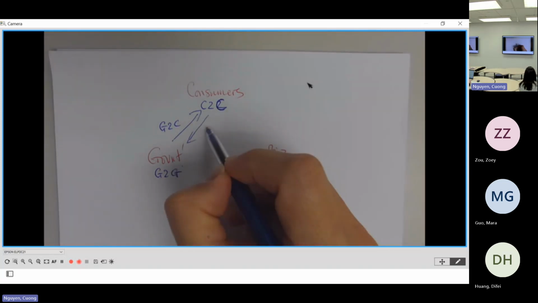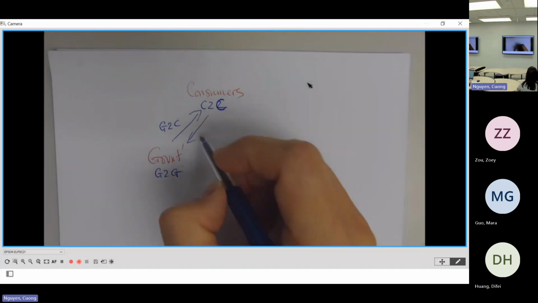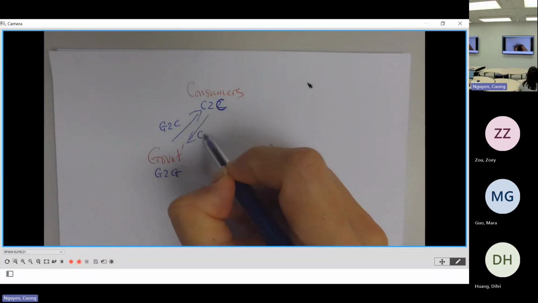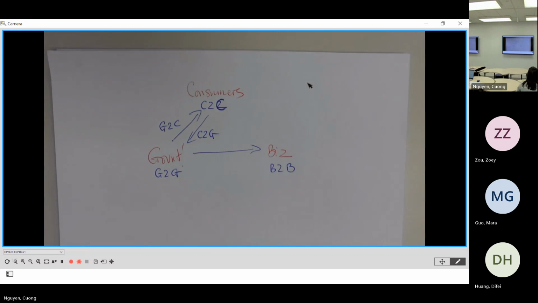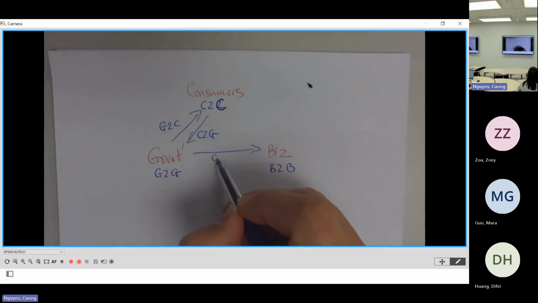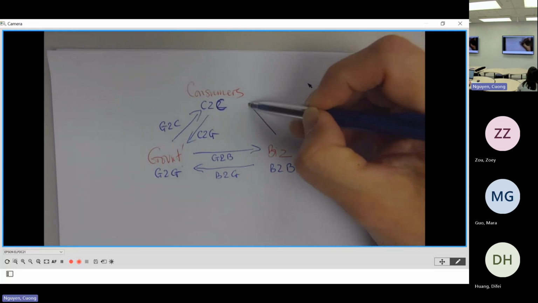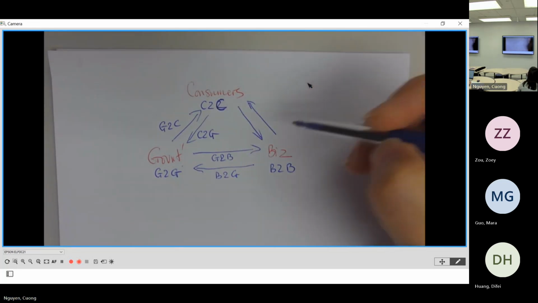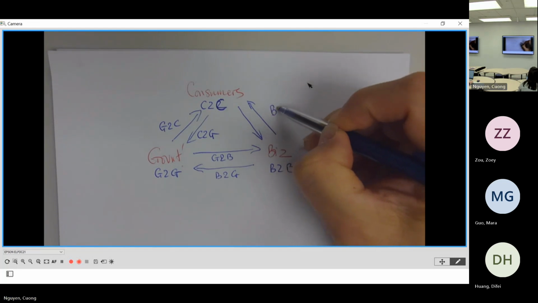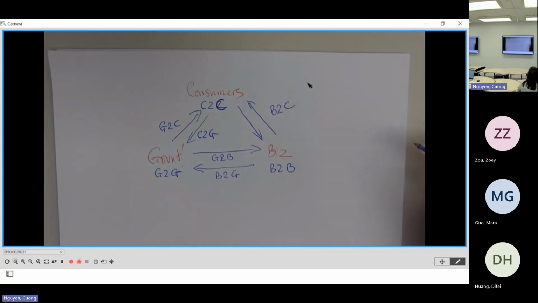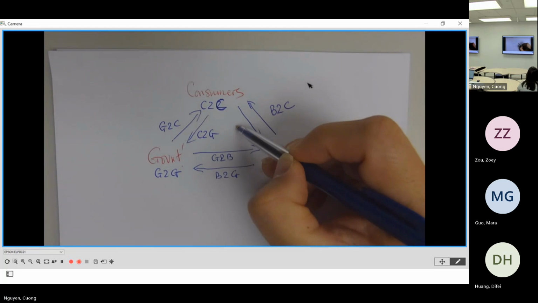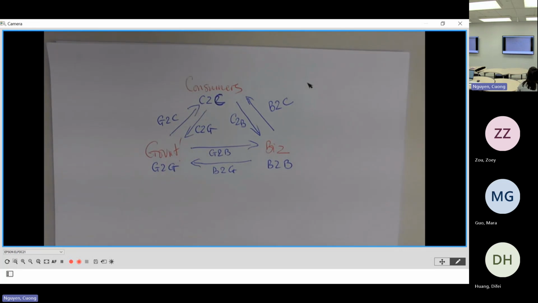C to G. Yeah, when we pay tax, it is C to G. What about this? G to B. Subsidies. And what about this? Tax, B to G. We have a lot of them. So what about this one? B to B to C, lots. And this one? C to B.